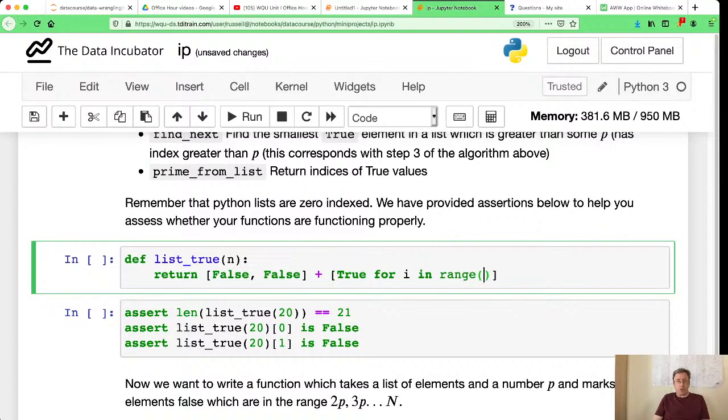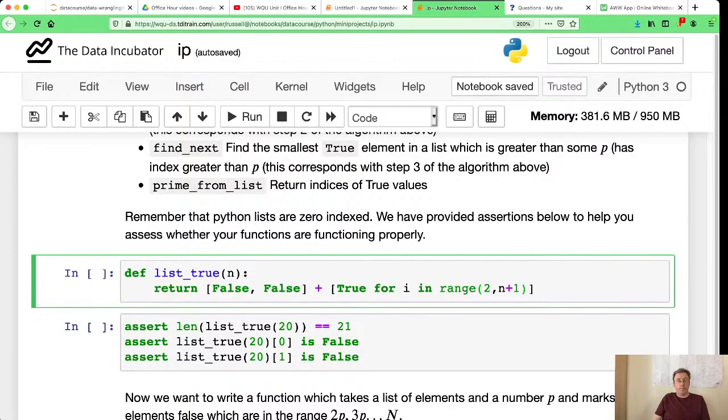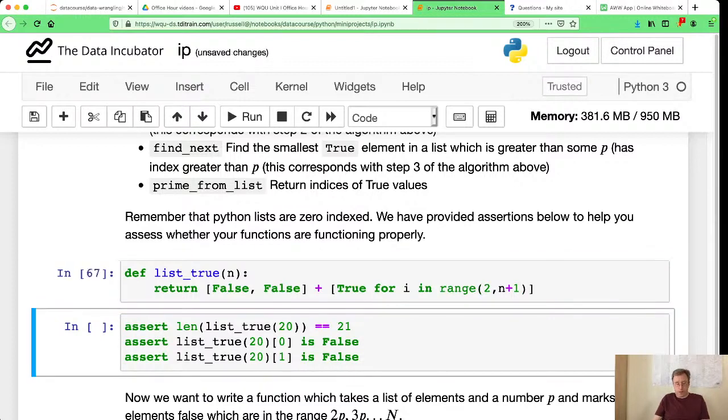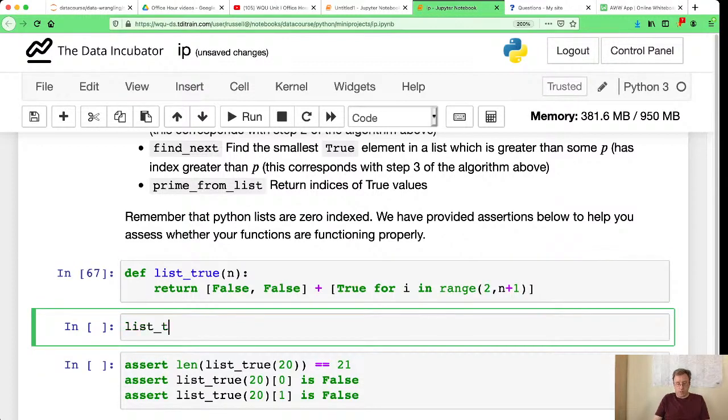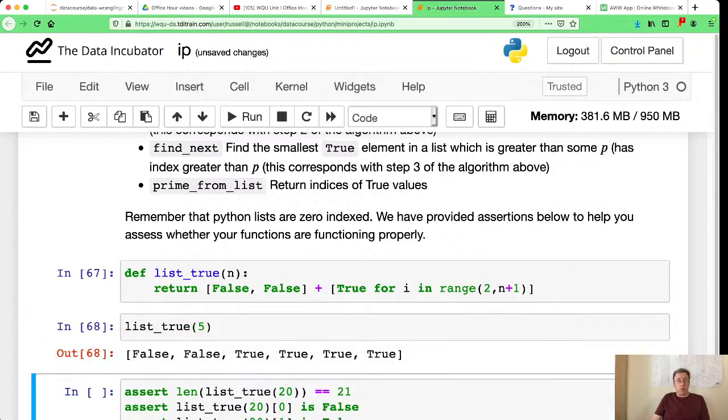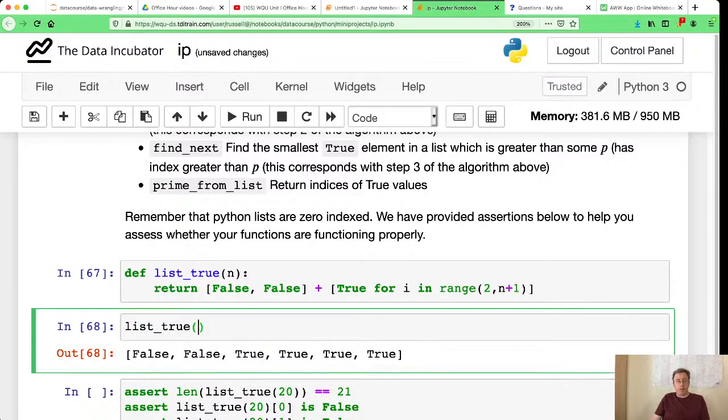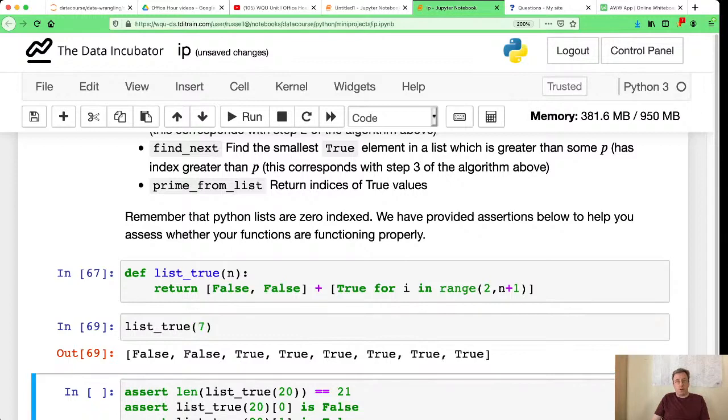Well, I start at 2, and I want to go up to and include n. List true of 5. So 0, 1, 2, 3, 4, 5. 7, 0, 1, 2, 3, 4, 5, 6, 7.